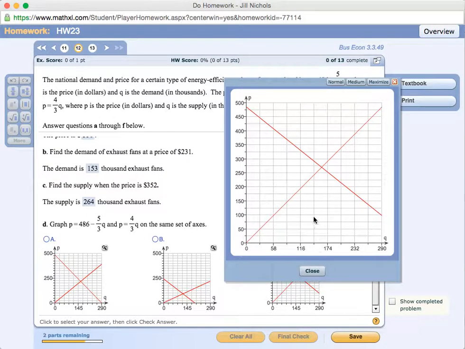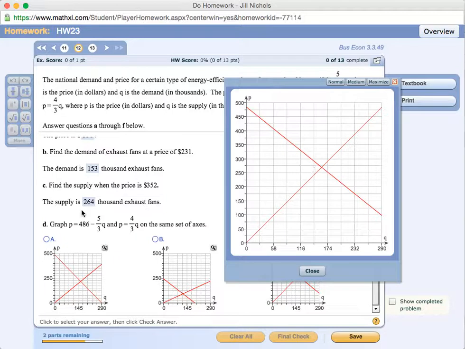Price should be 231. Goodness. Am I reading this right? No, I just read that backwards. When demand is 153 and here price is 231, I don't know, that point looks a little off to me.